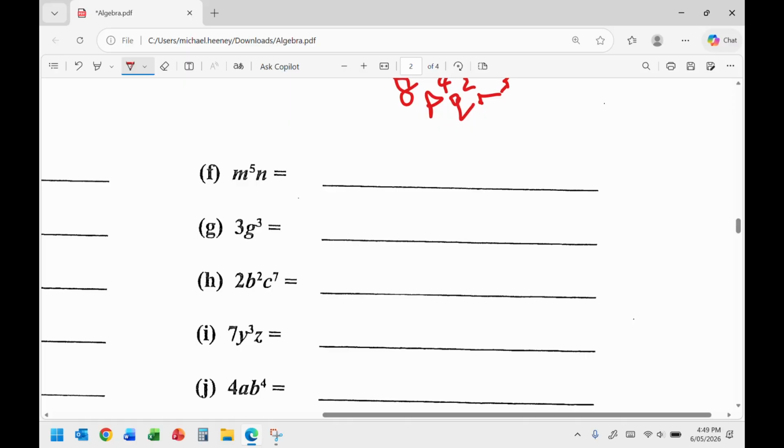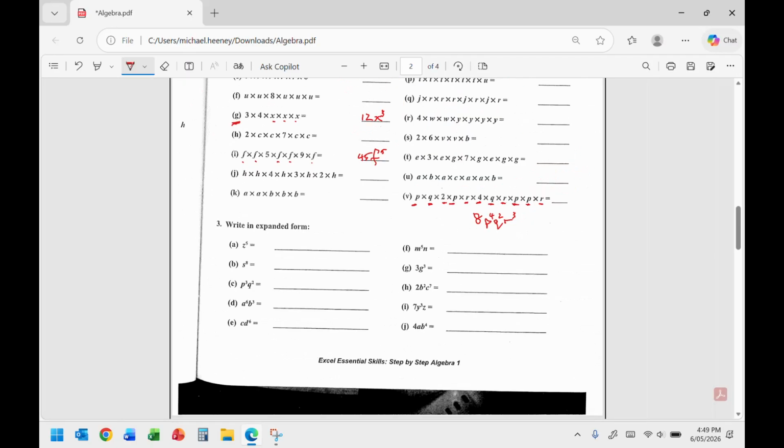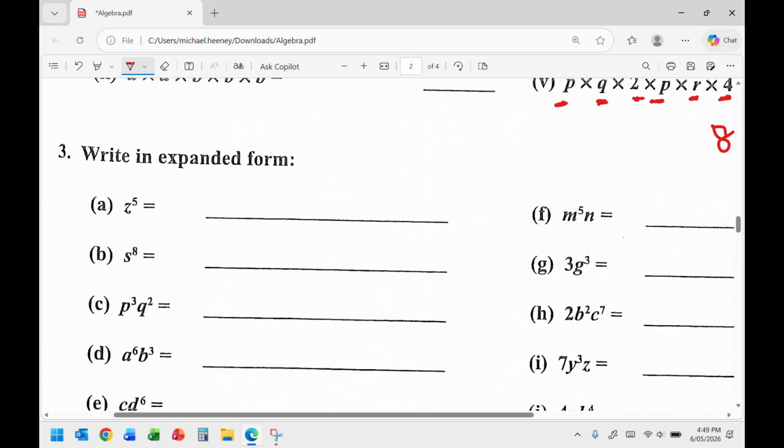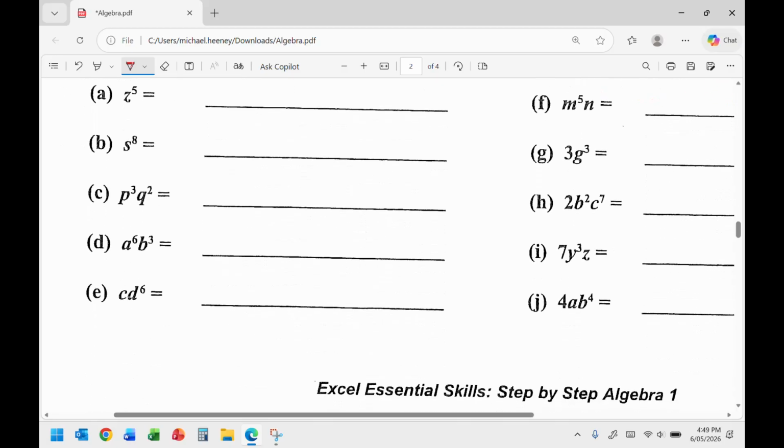Right, let's move on. Let's do something else. Expanded form, well, I don't have time, I've got to go and get ready. Let's just do 1, we'll do d. So, a to the power of 6, b cubed. 1, 2, 3, 4, 5, 6 of them. These have all been multiplied together.